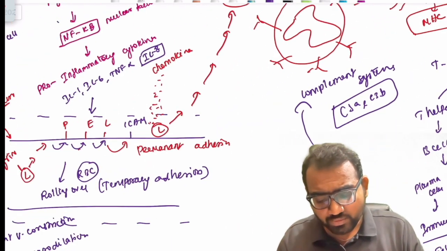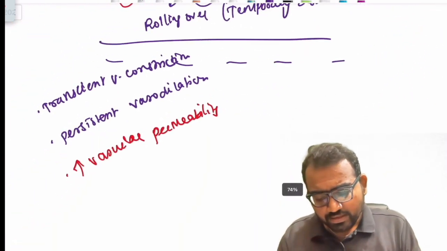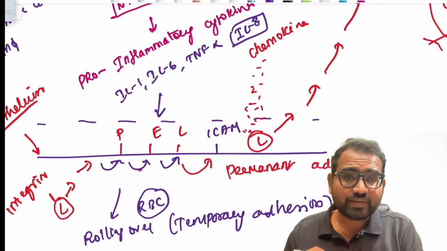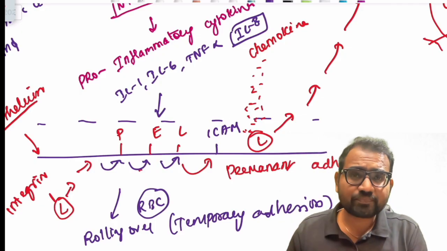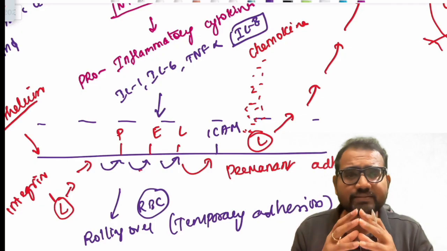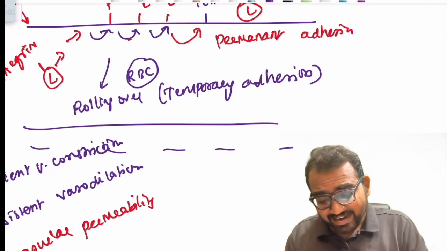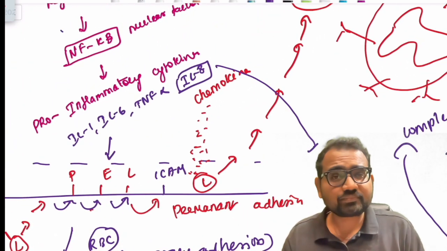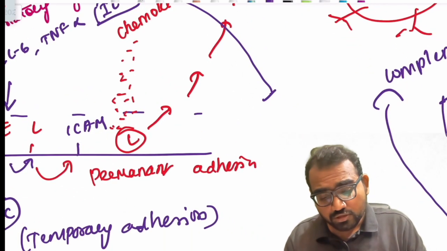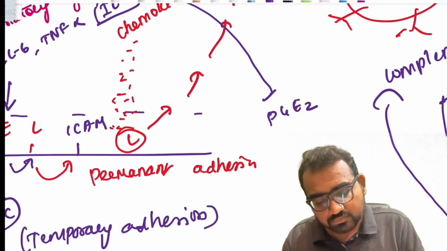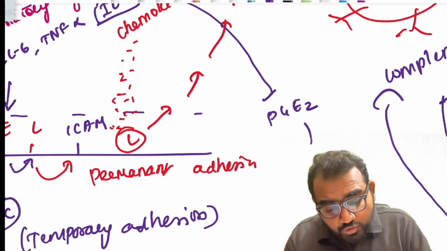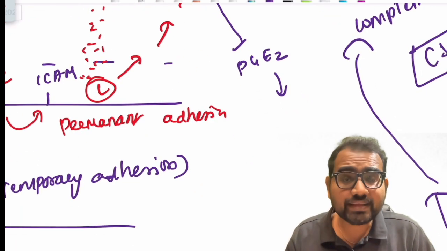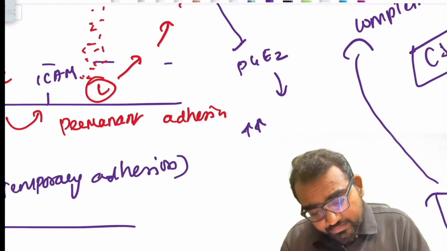Now I'm going to tell you another important thing. As I told you, in the first phase, the innate immunity phase, there will be release of pro-inflammatory cytokines. And in addition to the pro-inflammatory cytokines, there is going to be release of prostaglandins. These prostaglandins increase the expression of RANK and RANKL.